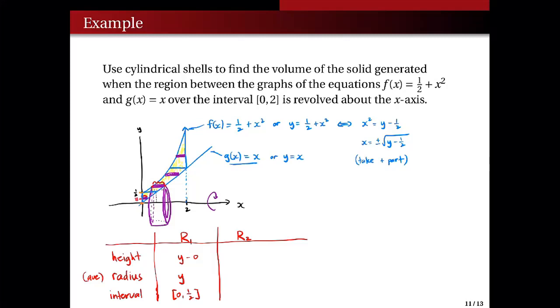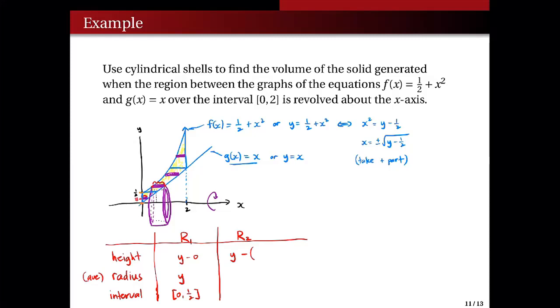So that will be y minus this guy here. But we take the plus part.